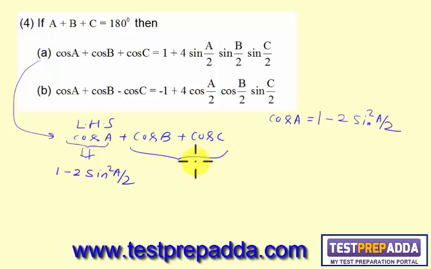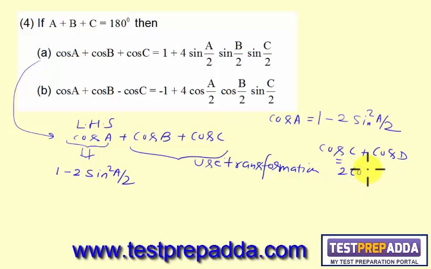Now use transformation for this. What transformation will you use? Cos C plus cos D. What is the formula? Cos C plus cos D is equal to 2 cos C plus D by 2 into cos C minus D by 2.